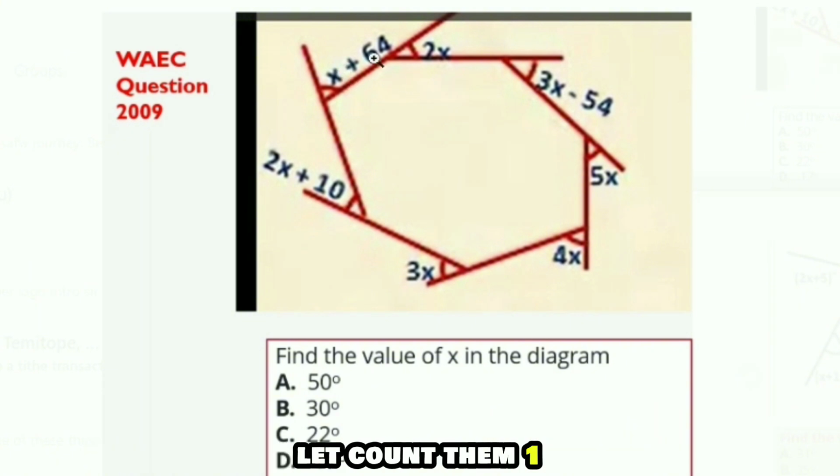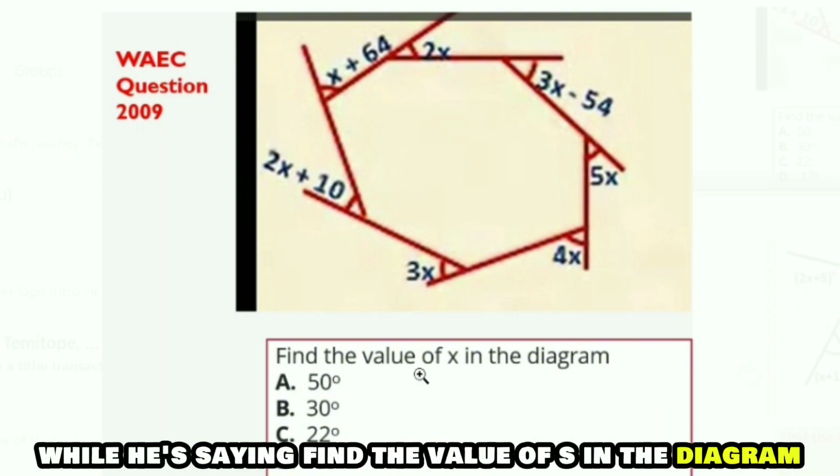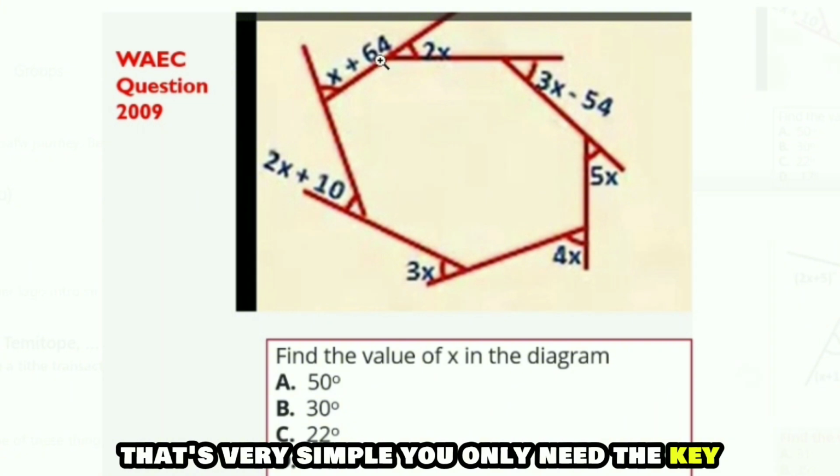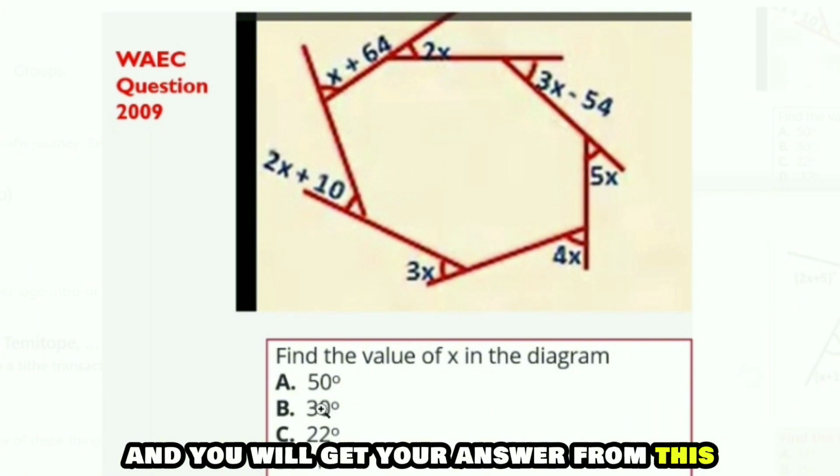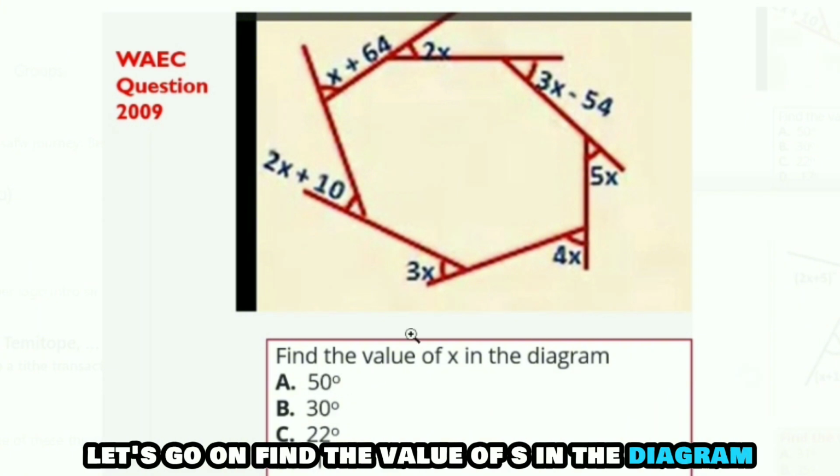Let's count them: 1, 2, 3, 4, 5, 6, 7. So a 7-sided polygon. WAEC is saying find the value of x in the diagram. That's very simple. You only need just one key to open this question, and you will get your answer. Let's go on.